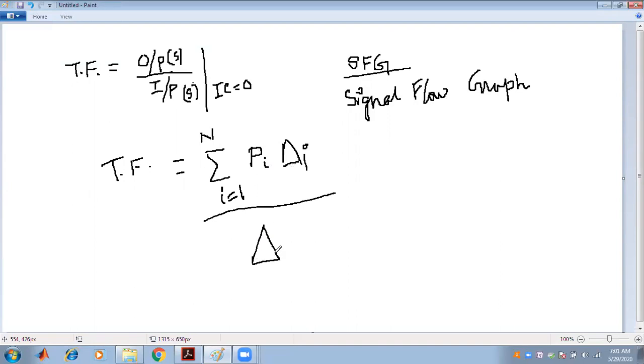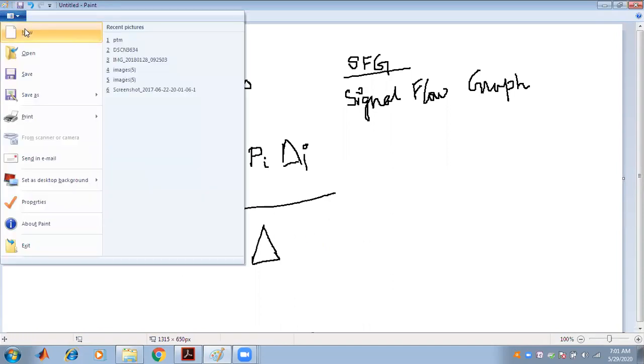This is the general equation of Mason's gain formula in order to find the transfer function of a system. So let us approach a model problem in order to find the transfer function using Mason's gain formula.